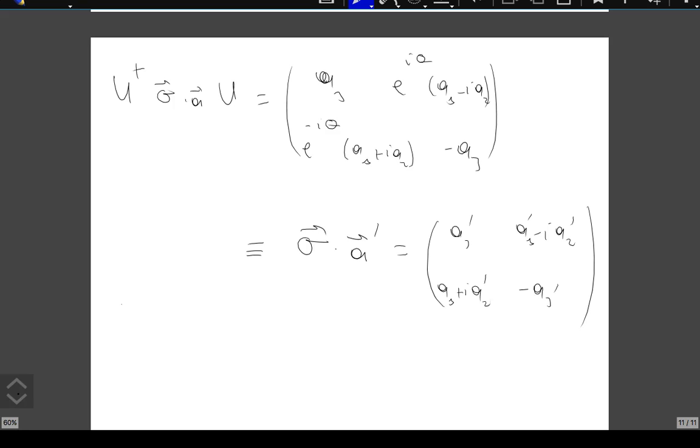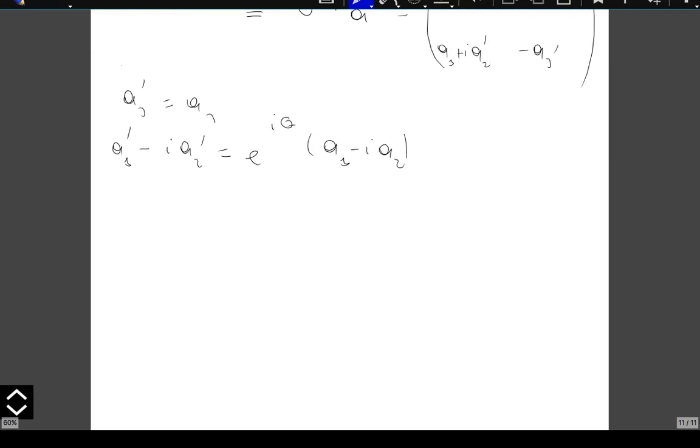So if you compare these two matrices, A3 prime should be equal to A3, and A1 prime minus i A2 prime should be equal to e to the power i theta times A1 minus i A2. The other one just gives the same thing.